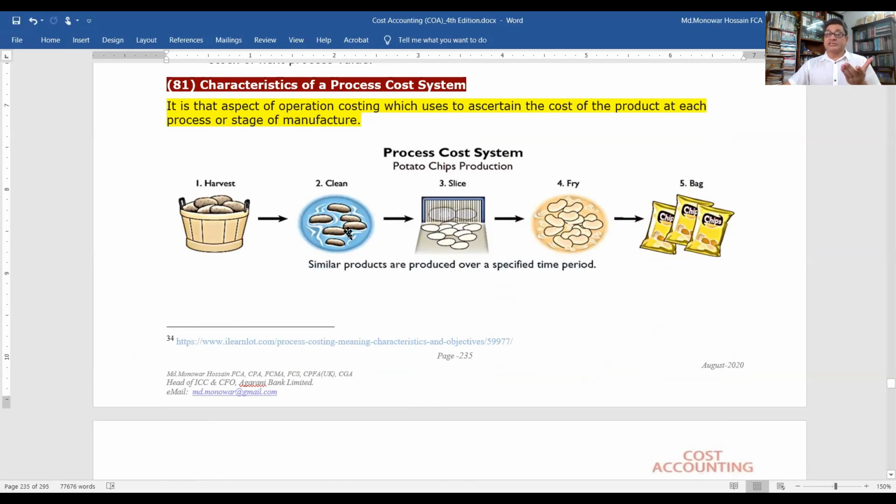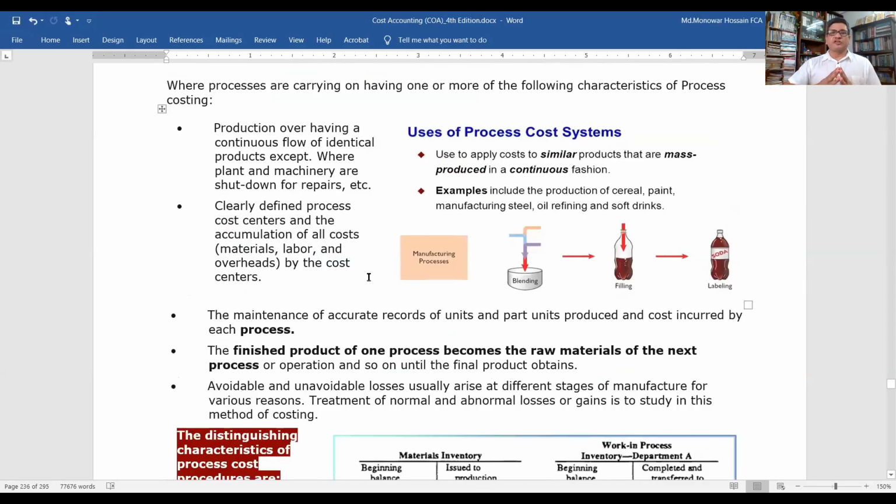The second stage is cleaning, the third stage is slicing, the fourth is frying and drying, and the fifth is packing. It is the final product here. Similar products are produced over a specific time period. Use of a process cost system: it applies to the cost of similar production that is mass produced in a continuous fashion.